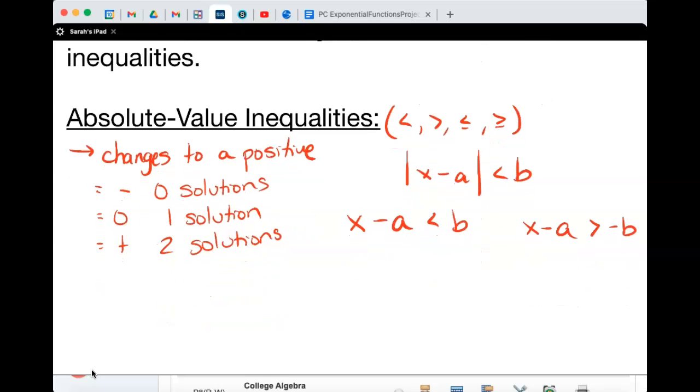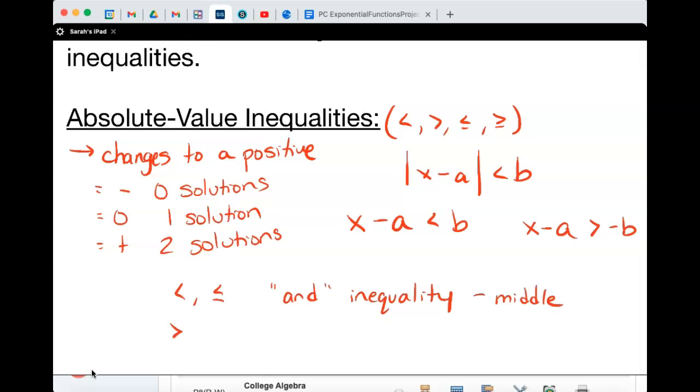The other piece with this is we're going to graph absolute value inequalities. So if you ever have less than or equal to, this is technically an and inequality. And with ands, where did we typically shade? Remember our compound inequalities with and. Yeah, we shaded in the middle.